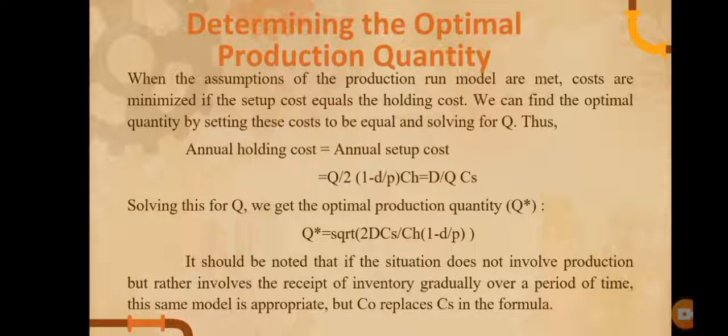It should be noted that if the situation does not involve production but rather involves the receipt of inventory gradually over a period of time, the same model is appropriate, but the ordering cost replaces setup cost in the formula.